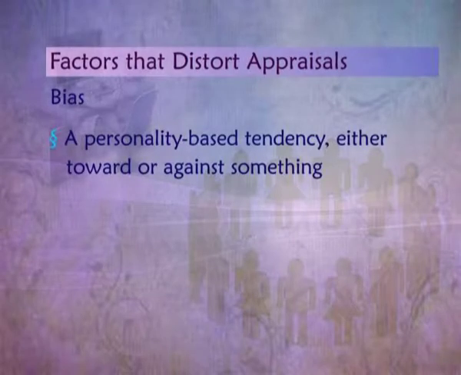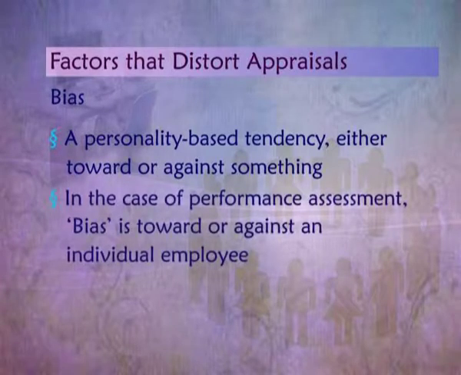The next is bias. Bias is simply a personality based tendency either toward or against something. In the case of performance assessment, bias is toward or against an individual employee. All human beings have biases, but supervisors especially cannot afford to allow their biases to enter into their evaluation of subordinates in the firm.